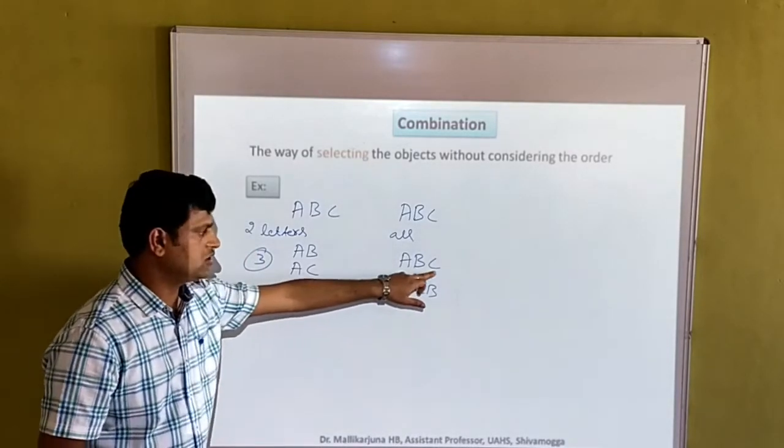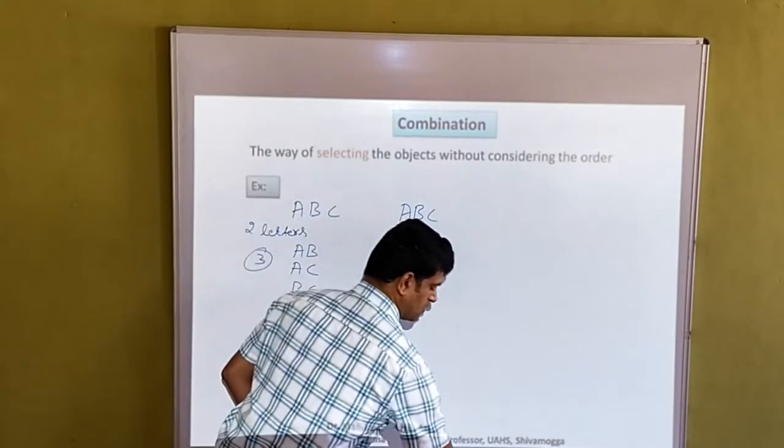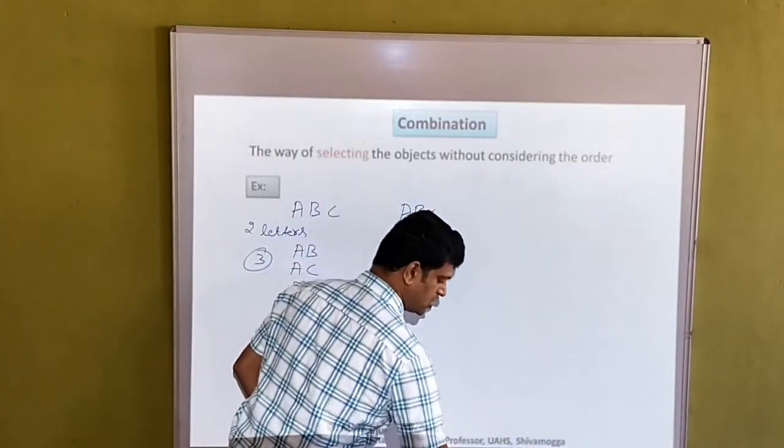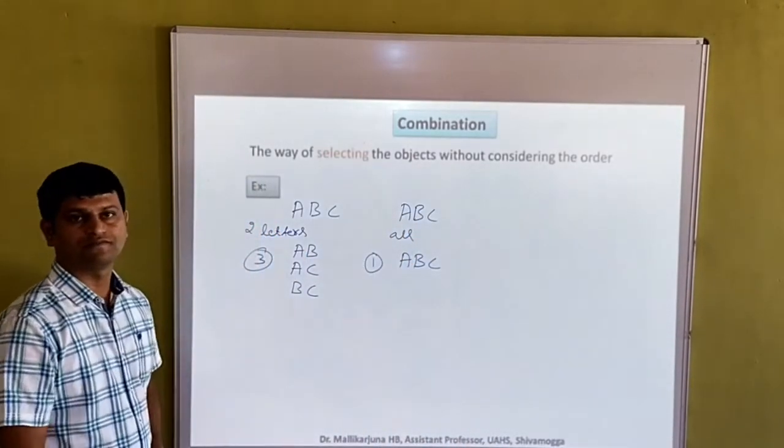Already we got ABC, so only one combination you get from three letters.